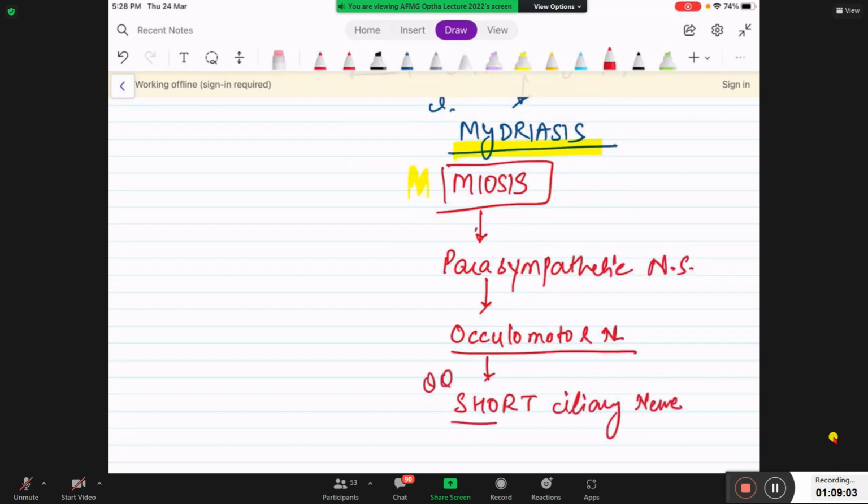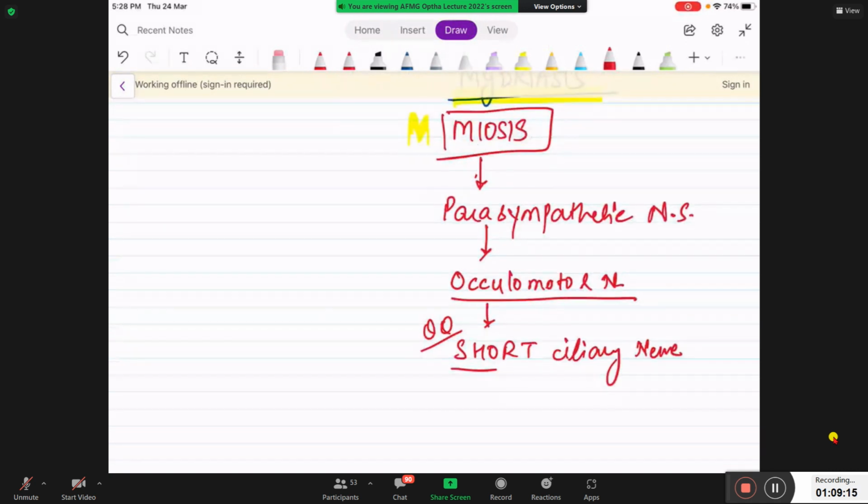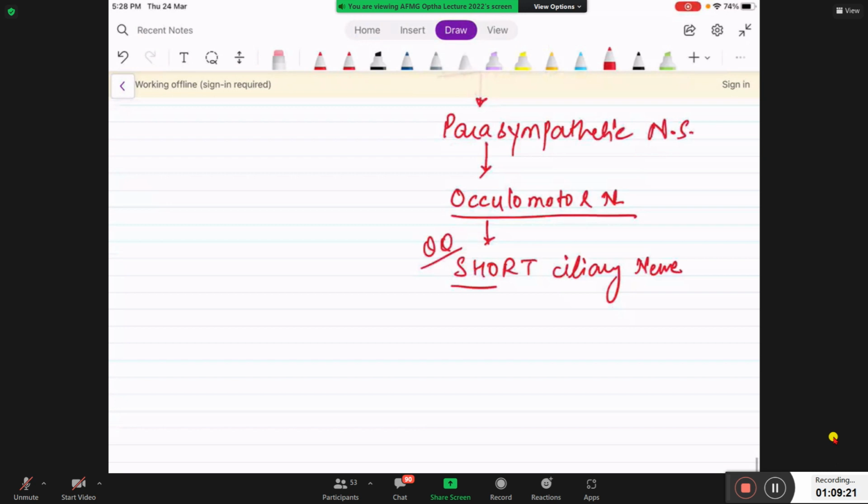So if they ask you in the question that meiosis is regulated by which nerve, the answer will be short ciliary nerve. And it is very easy to remember because in meiosis the size is getting small, so that is why it is regulated by short ciliary nerve. Clear?